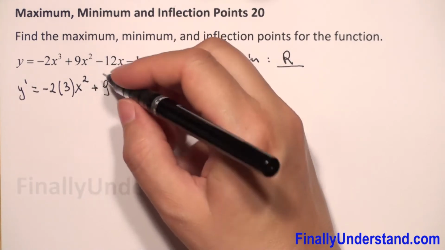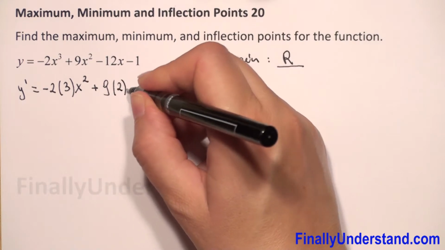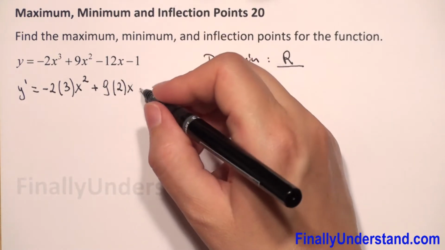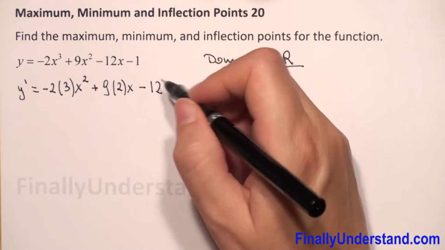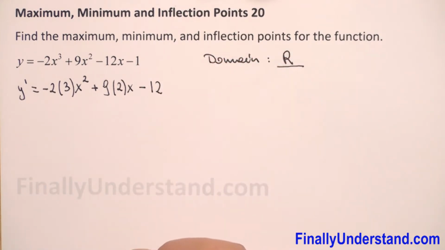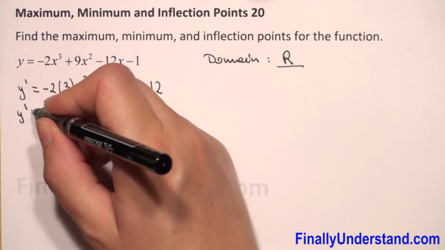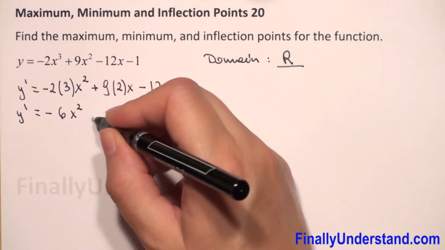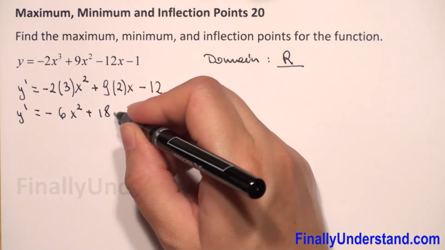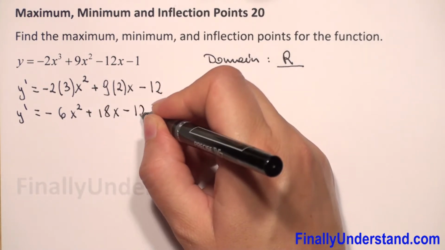Derivative of 9x squared is 9 times 2x, minus the derivative of 12x, which is 12. A derivative of a constant is 0, so we don't have to write this. So y prime is equal to negative 6x squared plus 18x minus 12.